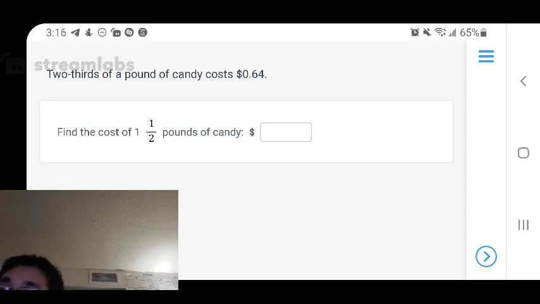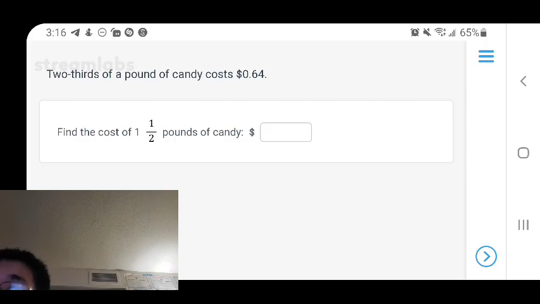Yeah, 1 1/2 pound is 3 over 2. So I want to find 3 over 2 x. So you know x is 0.64 times 3 over 2. You got a reciprocal, do the reciprocal.